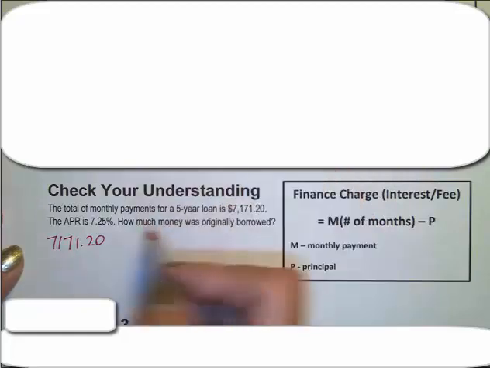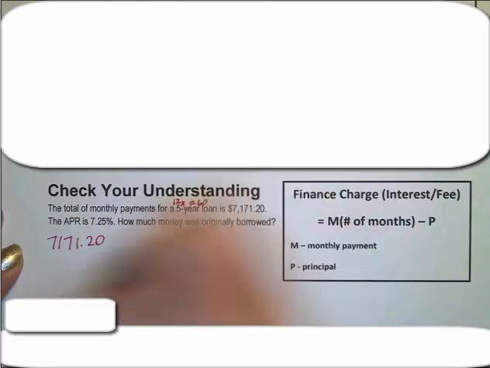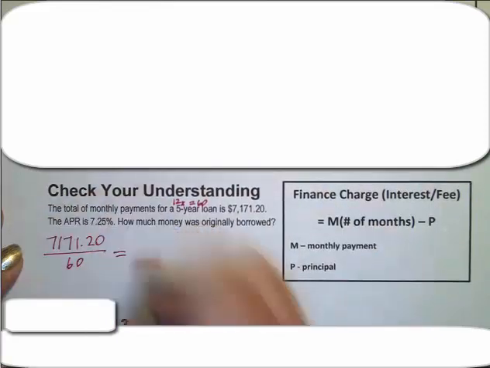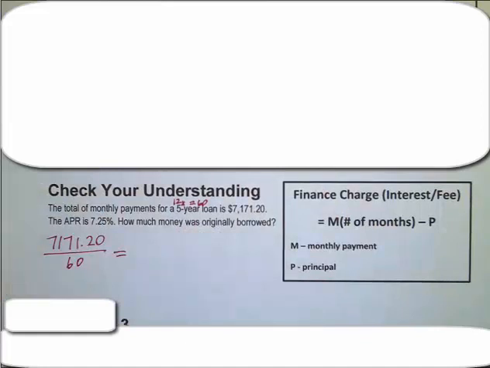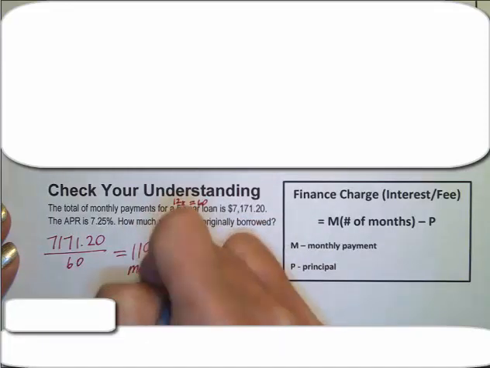Well, we paid it over 5 years, so how many months is 5 years? 5 times 12 is 60, so we're going to divide this by 60. That will tell us our monthly payments. So we're going to pause and find that out. So $119.52 is our monthly payment.